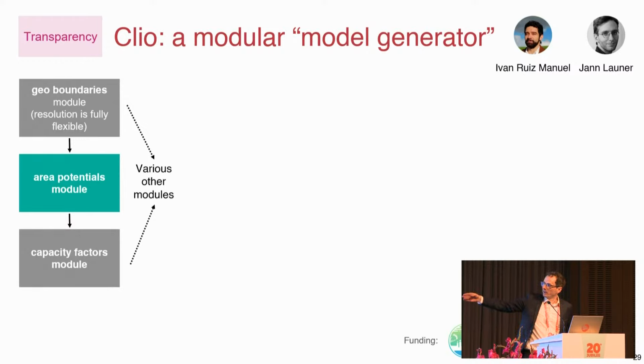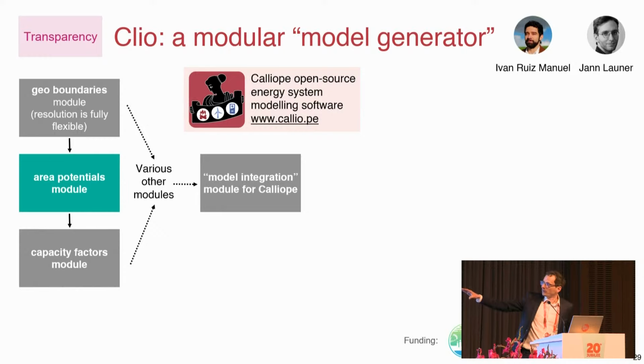That's fully configurable. And then the next in the chain here is the capacity factors module, which takes the available areas and generates capacity factors for the renewable technologies that we place there, and so on and so forth. And at the end of this chain, we end up with what we call the model integration module, which takes all of these data together and builds an energy system model.